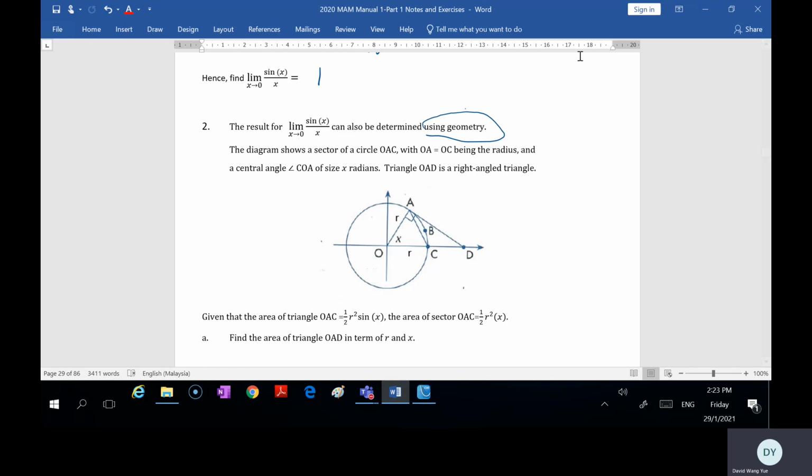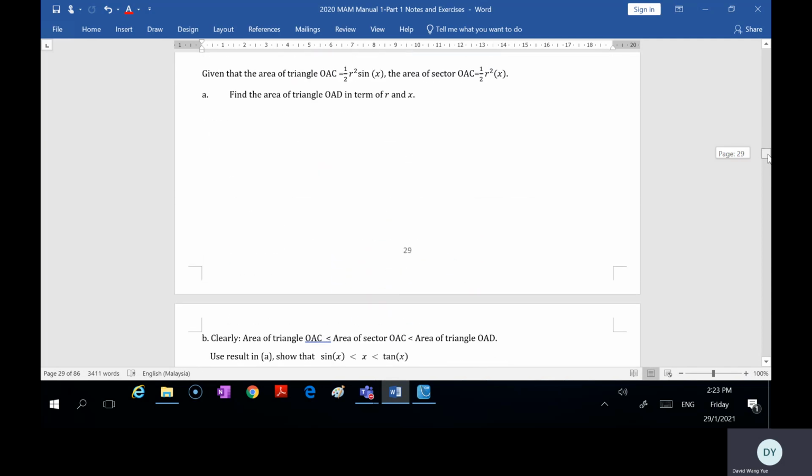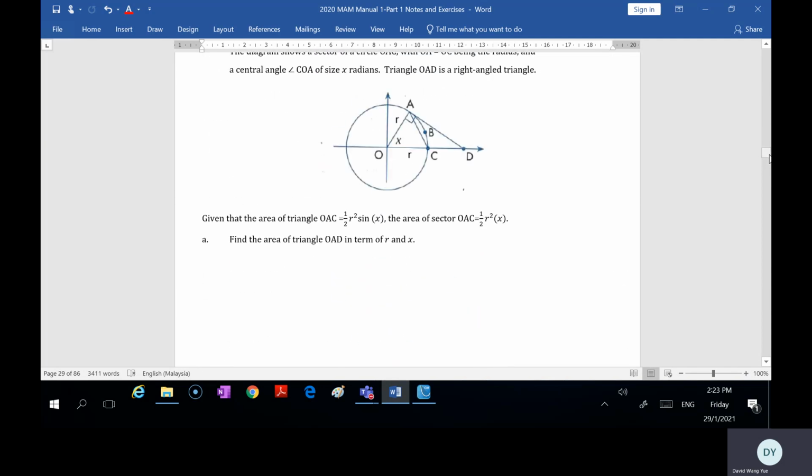Now, find the area of the triangle OAD in terms of r and x. OAD is a right triangle, and OA is perpendicular to AD. So the area of triangle OAD equals half times base times height, which is OA times AD.